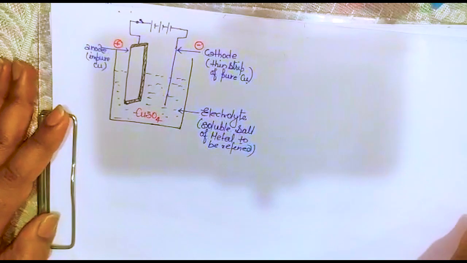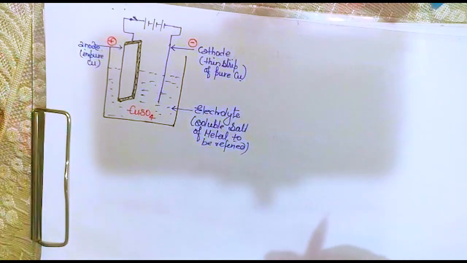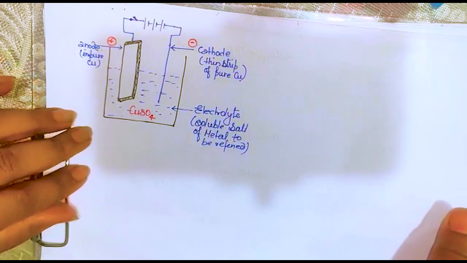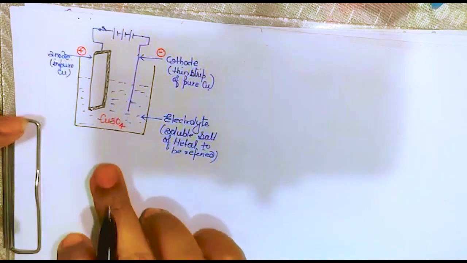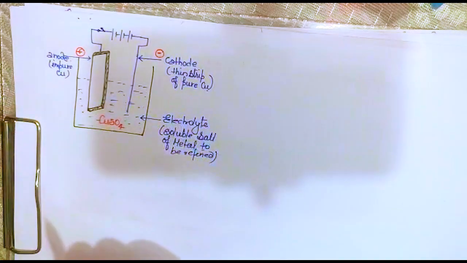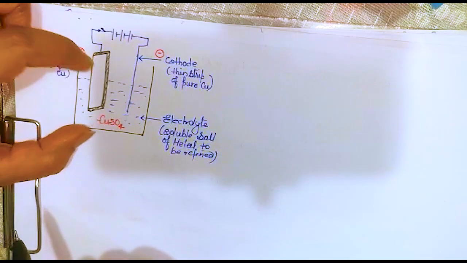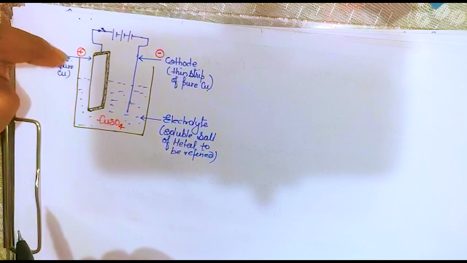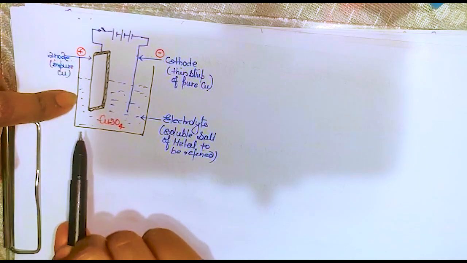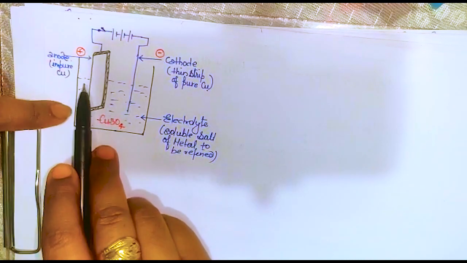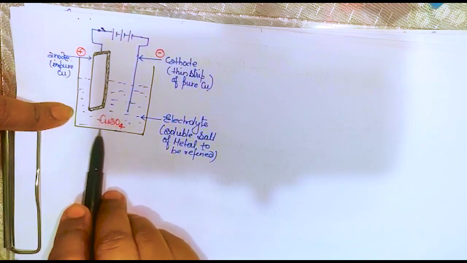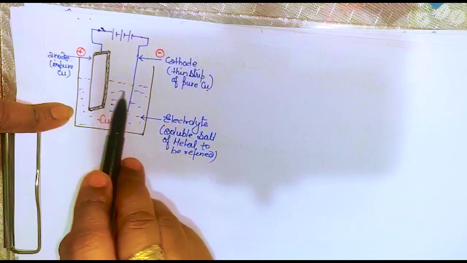Now, when we begin this process, what exactly happens? In this process, the positively and negatively charged electrodes are there, and the impure block of copper starts oxidizing and starts coming into the copper sulfate solution, this electrolyte.